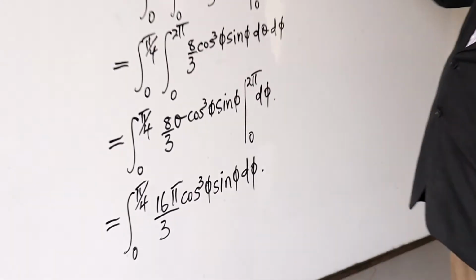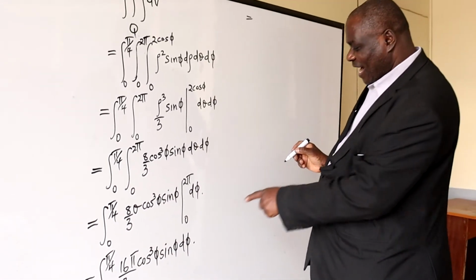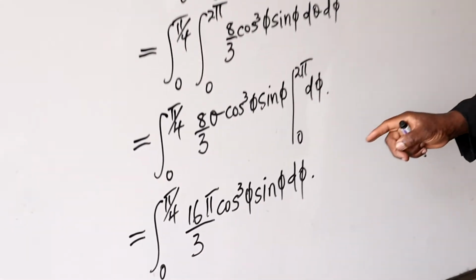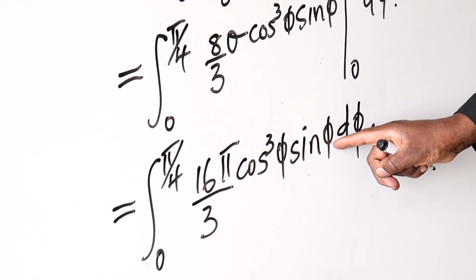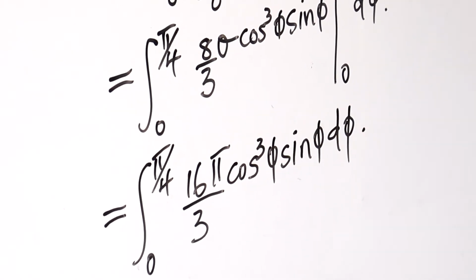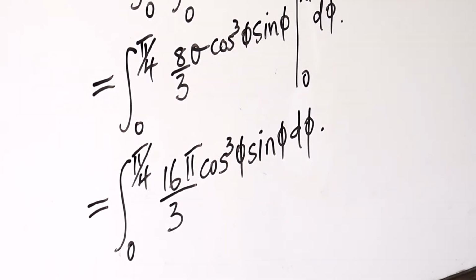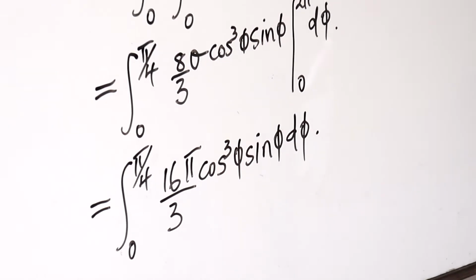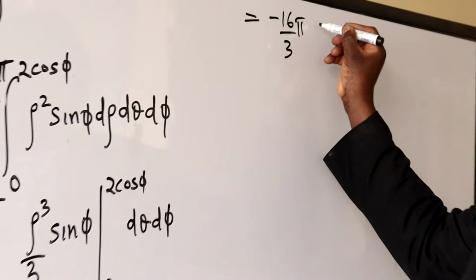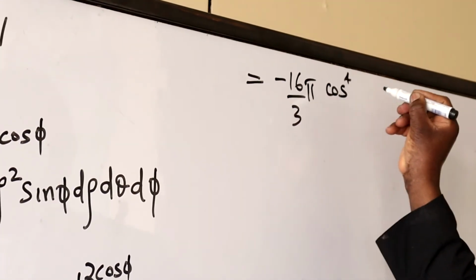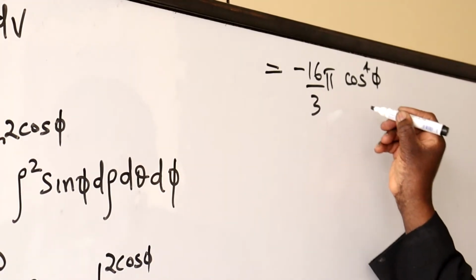Which will be equal to, when we integrate now with respect to phi, since when you differentiate cos phi you get negative sin phi, we are going to use integration involving algebraic substitution. So the answer would be minus 16 over 3 pi, cos to the power 4 phi divided by 4.